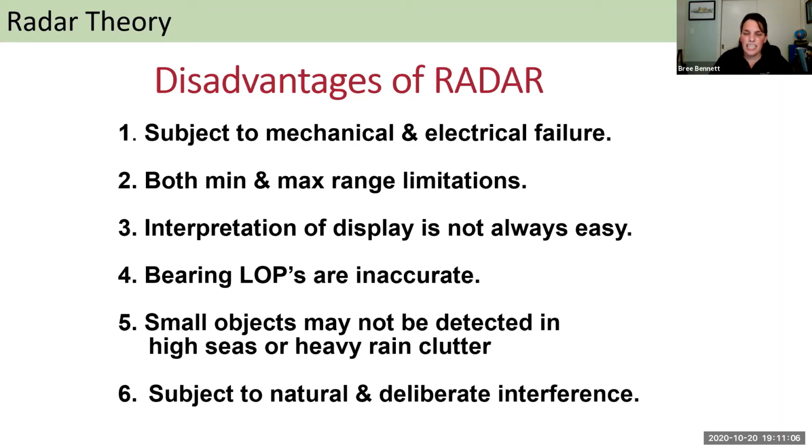So it does give us this tool to see through the fog and the dark and the rain, but it does have its limits. It's not perfect. It is just a mechanical tool that we need to know the limits of, and how we can tune our radar to best account for those.